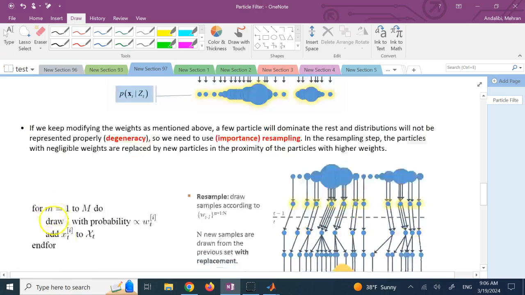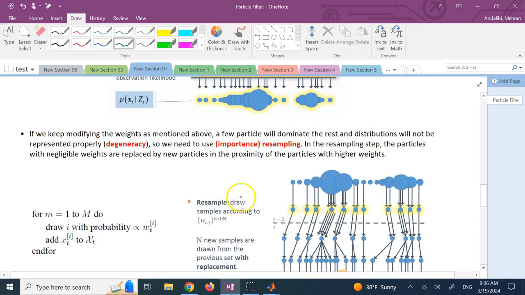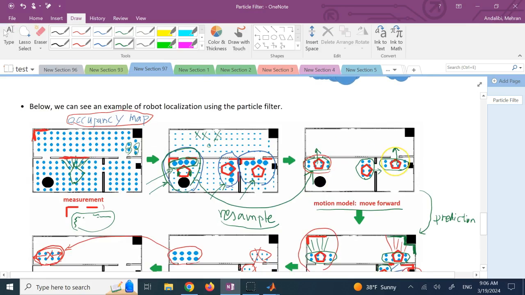If we don't resample and we keep increasing the weights, or here the size of these particles that are more likely, and smaller for the particles that are less likely, very, very fast, some of the particles will dominate the rest of the particles. And so now your posterior probability distribution, which could be in this case multimodal, is going to be approximated by maybe 10 or 12 or 15 particles or so. And that is not a good approximation.